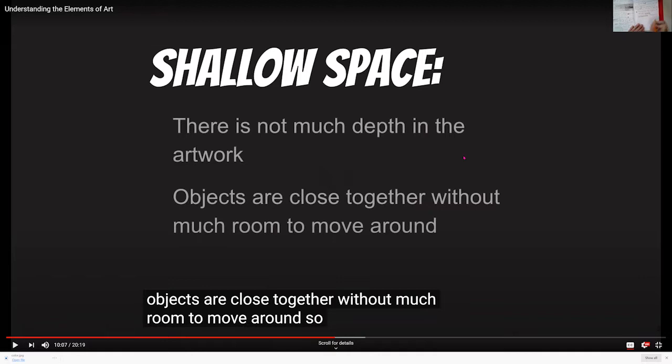There is not much depth in the artwork. Objects are close together without much room to move around.